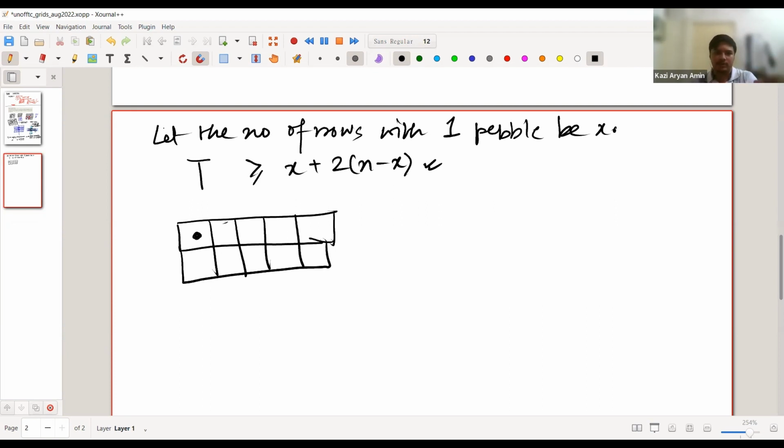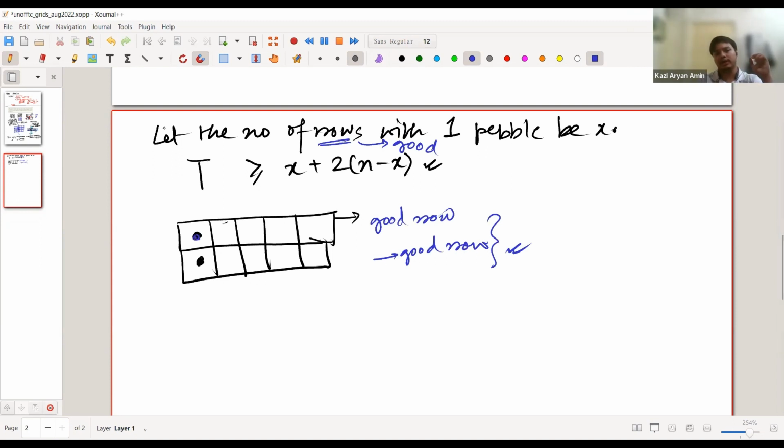Can it be possible that this pebble shares the same column with the first row? Let's call these kind of rows good. So good rows have only one pebble on them. Suppose this is a good row, and this is a good row as well. Can it be possible that these two share the same column?